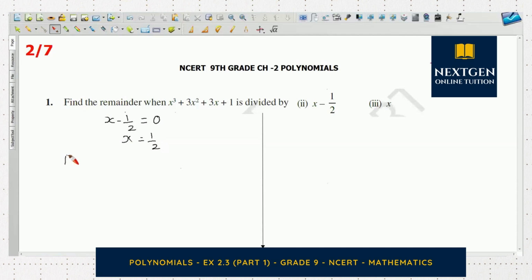So in the given polynomial, we are going to substitute the x values.